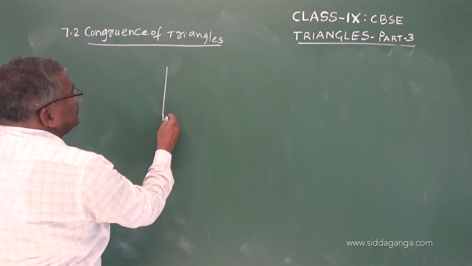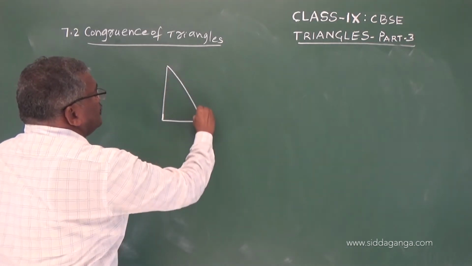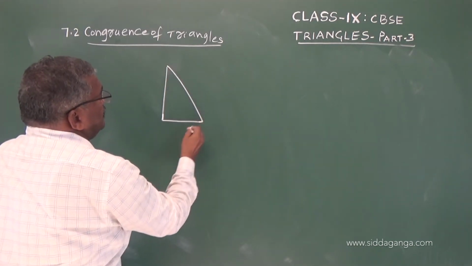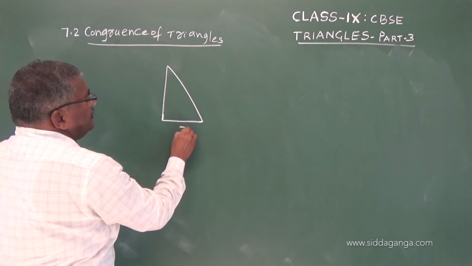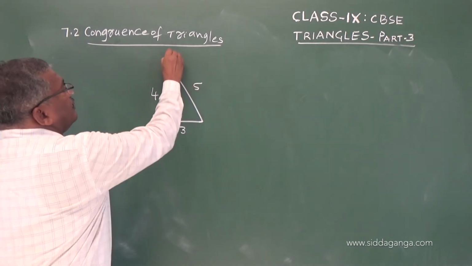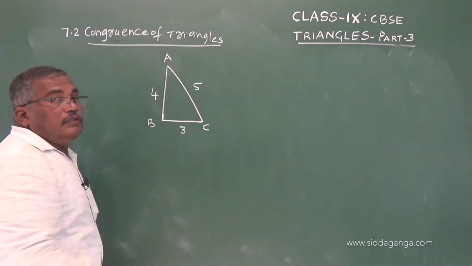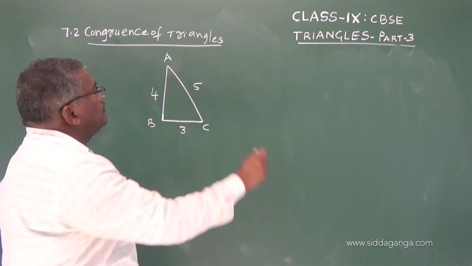Say this is 3 centimeter, this is 4 centimeter and 5 centimeter. Let us say we will call this ABC.